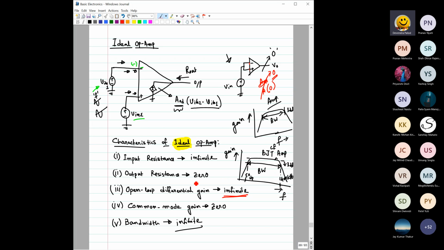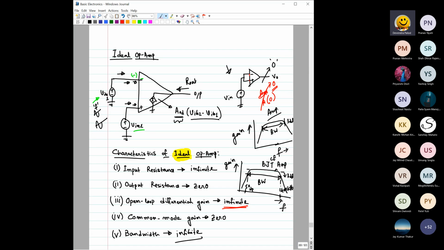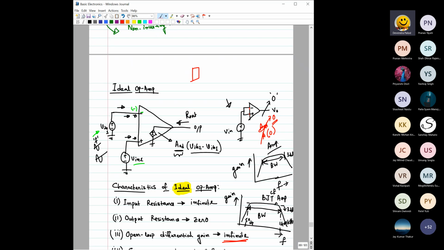It would be tough to explain why it is infinite. It is actually very high. Inside this op amp you have some stages. Say this is the amplifier which is increasing the gain, and suppose that gain you have made 10,000. So this 10,000 is very high.